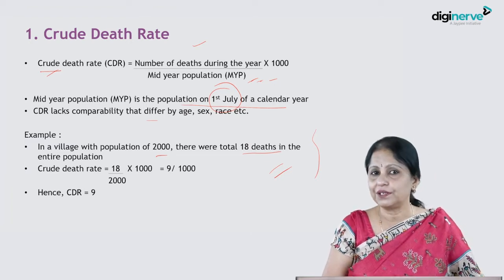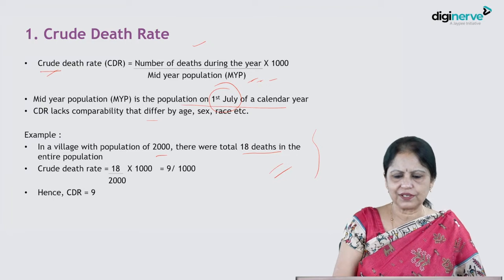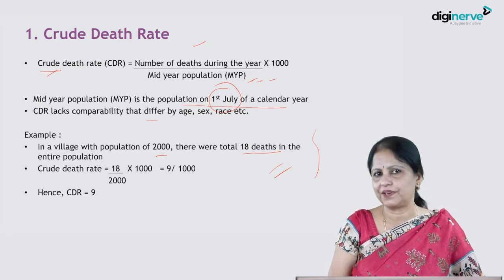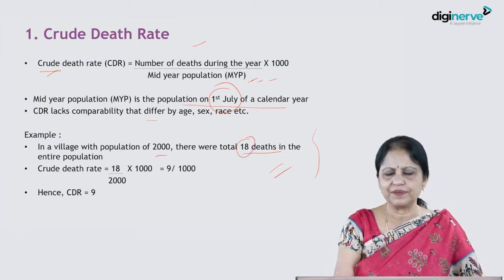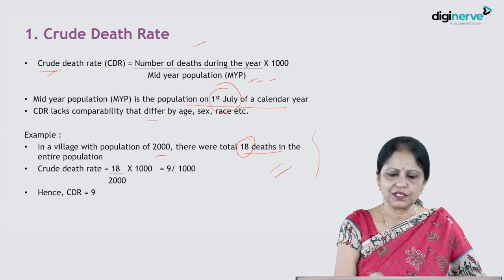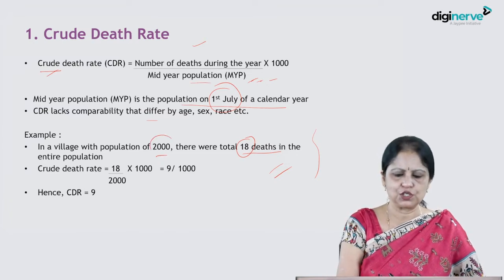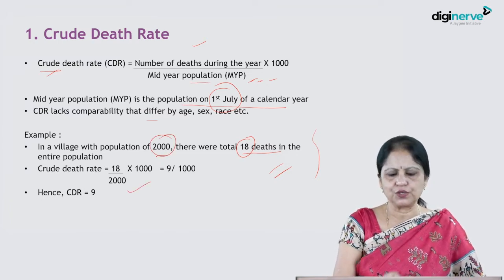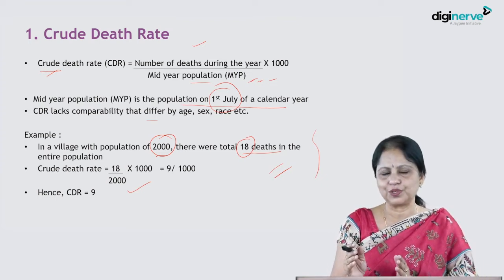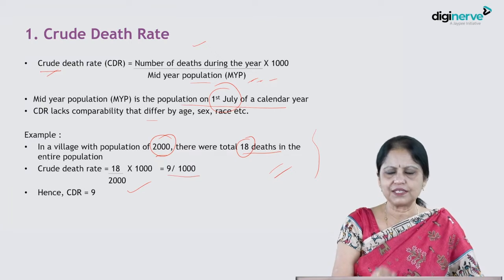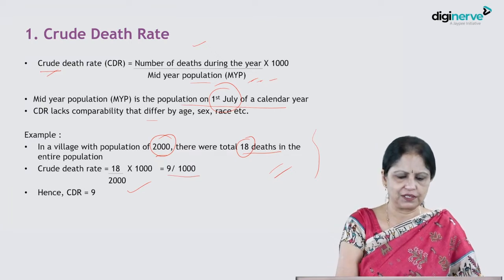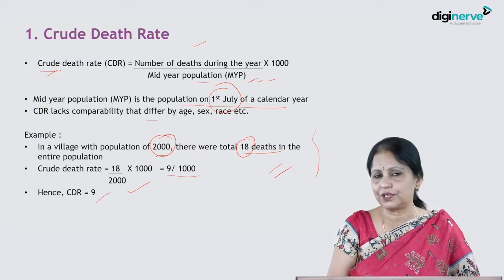Now calculate the crude death rate. The numerator is the number of deaths in the year, which is 18. The denominator is the total mid-year population, which is 2000. So 18 by 2000 into 1000, that is, the multiplier I told you. Ultimately it comes to 9 per 1000. So we say the CDR or crude death rate is 9, that is, 9 deaths per 1000 population.